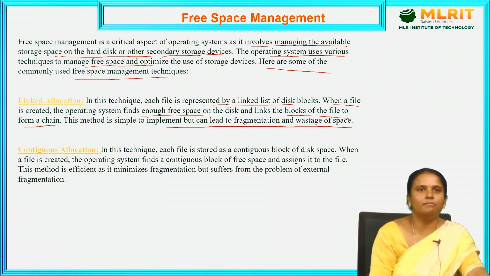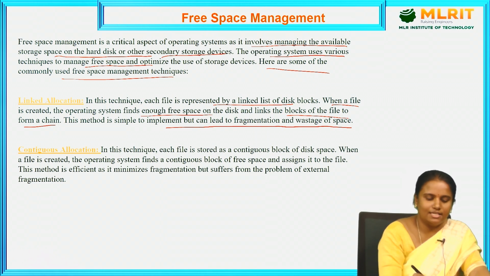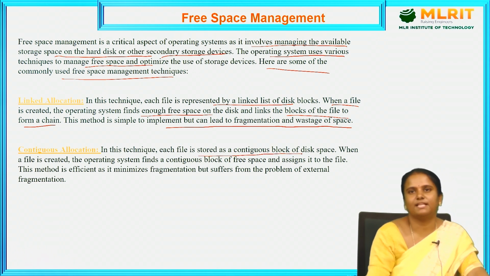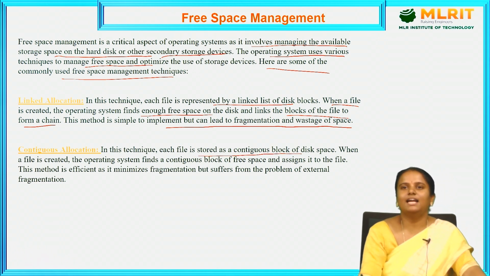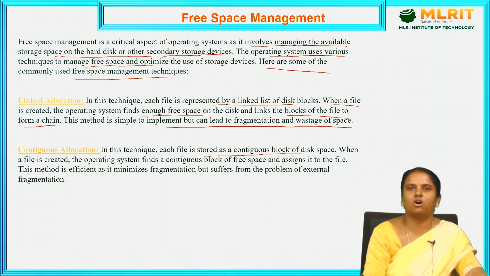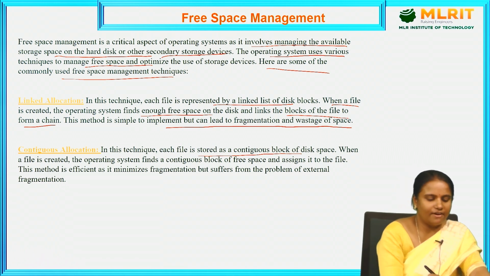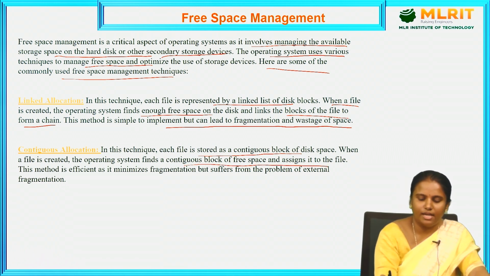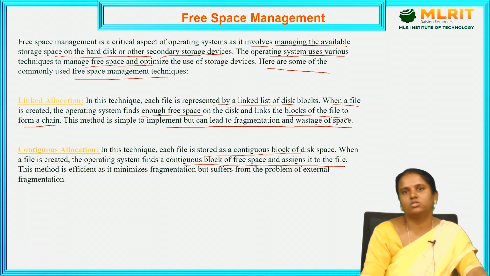So what do we mean by contiguous allocation? In this technique, each file is stored as a contiguous block of free space. Until the free space is allocated to the files, there is wastage of disk space. When a file is created, the operating system finds a continuous block of free space and assigns it to the file.